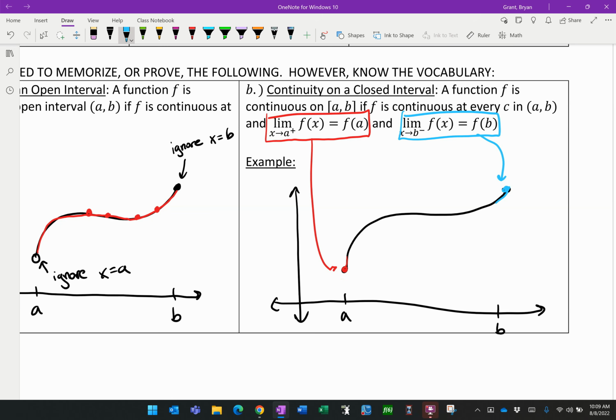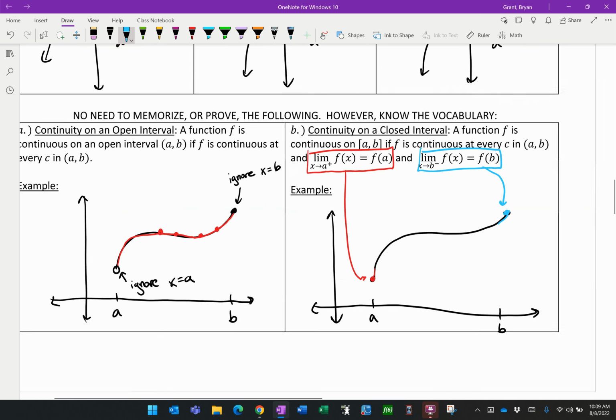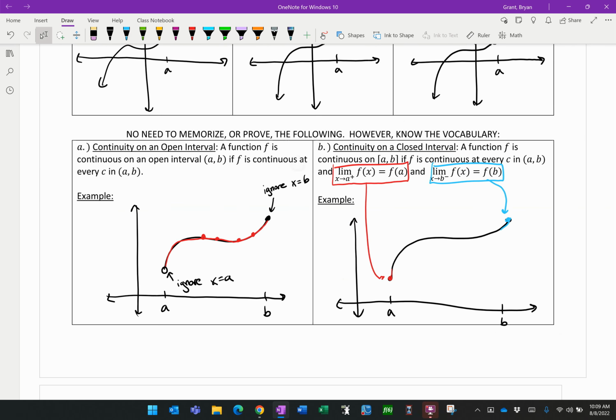This is continuity on a closed interval. However, again, you don't need to memorize these. Just remember that if they give you an open versus a closed, they mean you can either sketch a graph without lifting up your pencil, including the endpoints, that's closed, and open is not including the endpoints. Now, this one was totally fine like the guy over here, but it doesn't matter if it works or not. You can just ignore them.